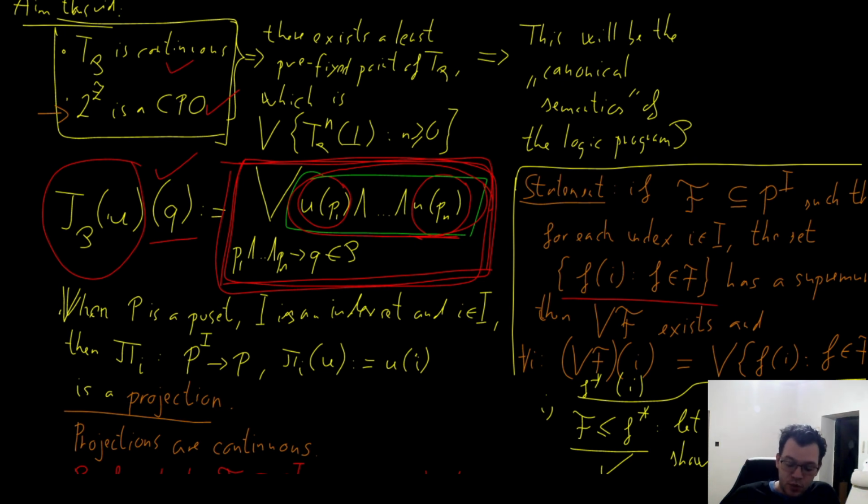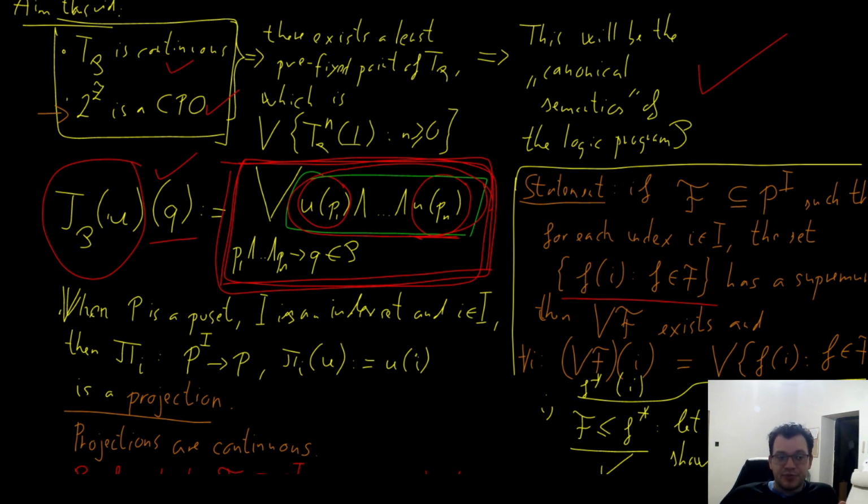Great. Which means that we are done with the semantics of logic programs, because if we accept the experts' golden rule that a canonical model should be a minimal one, then these theorems say that there is exactly one possible choice, because a model is a prefixed point of this function TP.